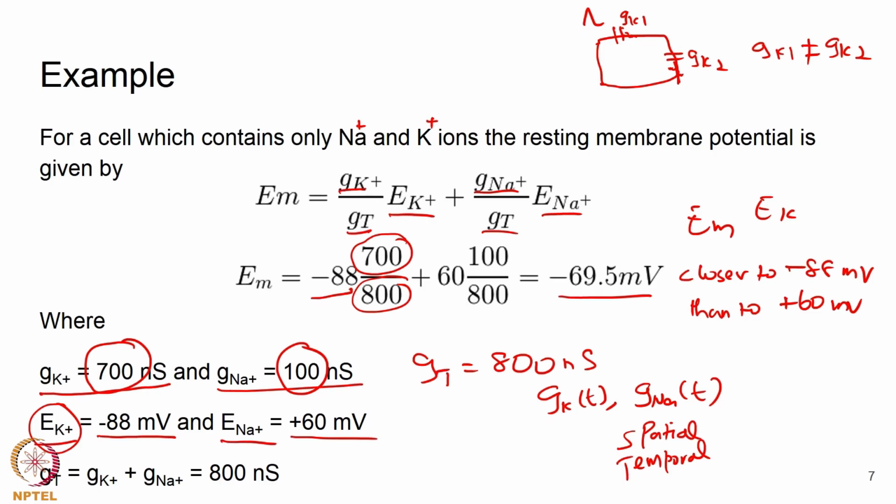But for now we will only analyze membrane potential in a relatively small area where it is expected to be the same. Membrane potential is also a function of time, because GK and GNa are functions of time. It is expected that EM is also a function of time, and space.